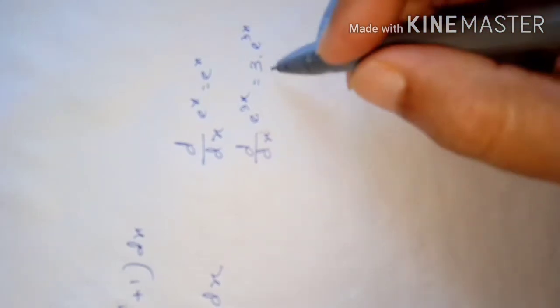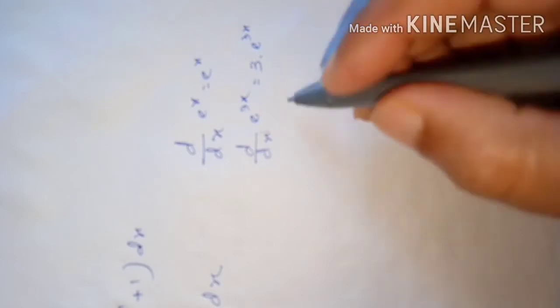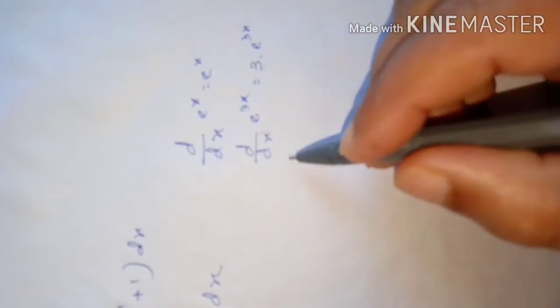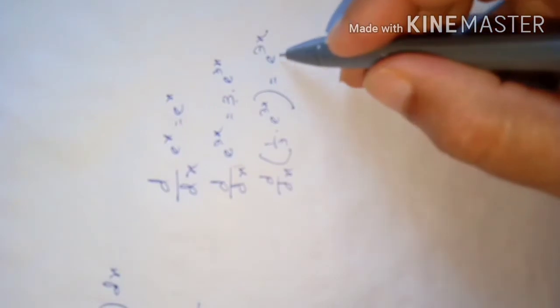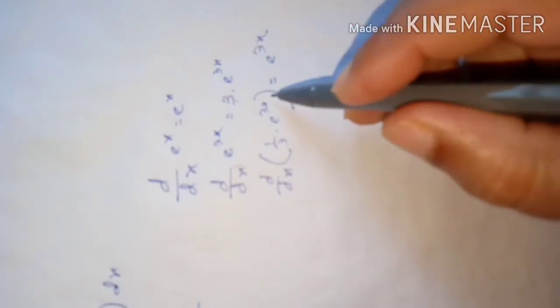So that way we will get. Now you see, that means if this 3 is taken in this side, that means d by dx of 1 by 3 into e to the power of 3x, then its derivative will be e to the power of 3x. Then just you think, that means antiderivative of e to the power of 3x will be what? 1 by 3 e to the power of 3x.